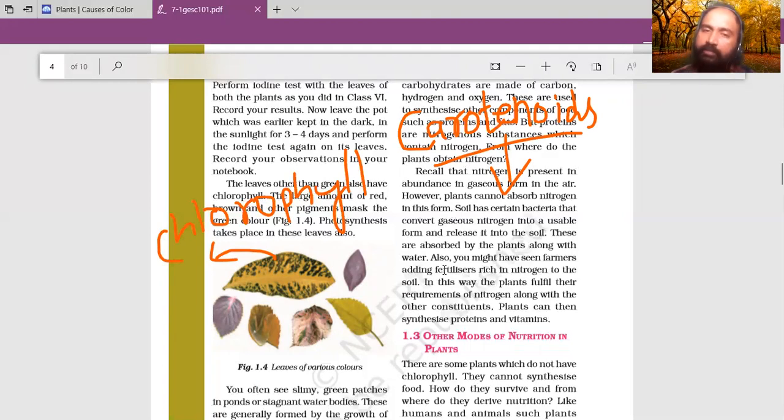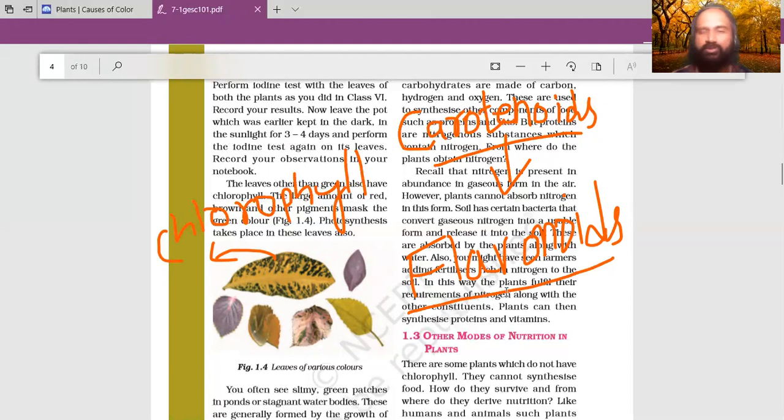Fine. There's another pigment called flavonoids. Flavonoids are responsible for yellowish color. See, lemon, orange, all these ripened fruits have yellow color, that mango, right? This is because of flavonoids.